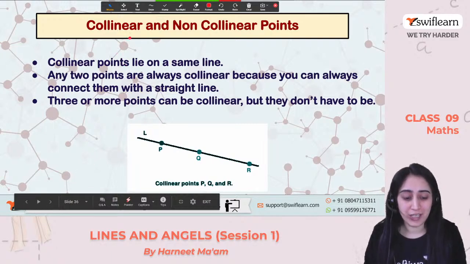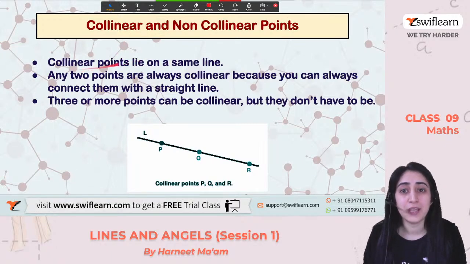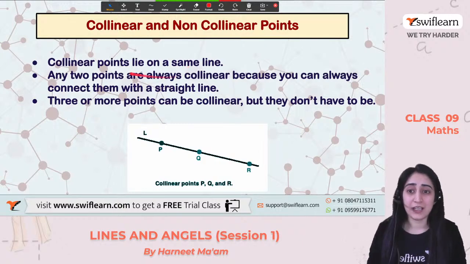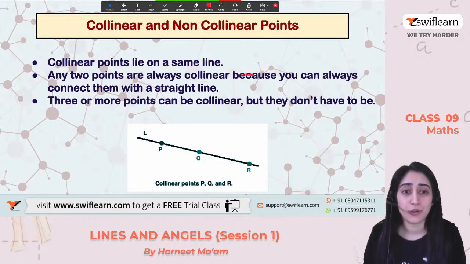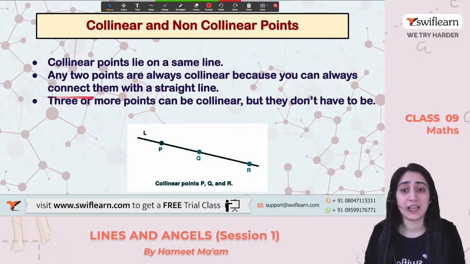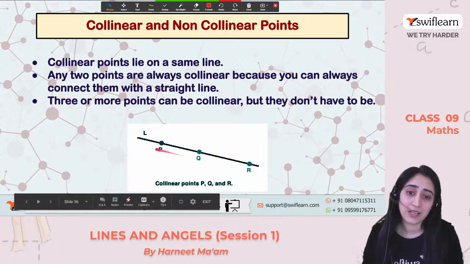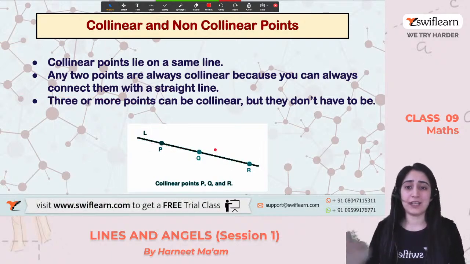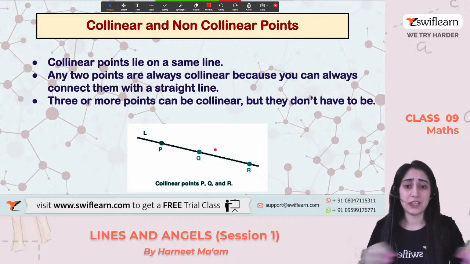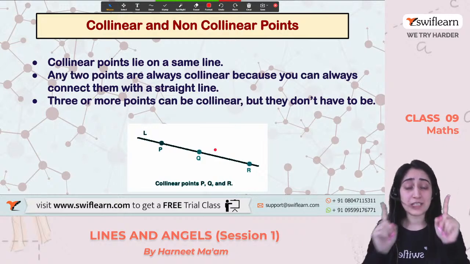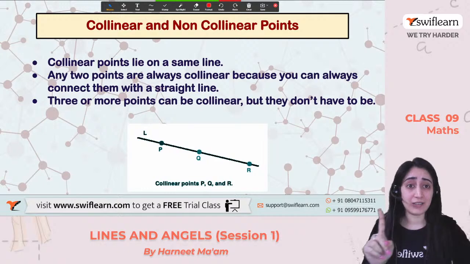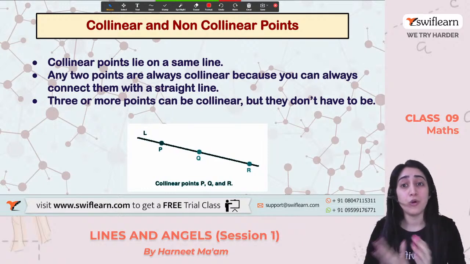Moving on to collinear and non-collinear points. Collinear points lie on a straight line. So any points that are connected in a straight line are collinear. When a straight line is formed and I make 3, 4, 5, 6 points, they all pass through that single straight line. That's why we call it collinear.